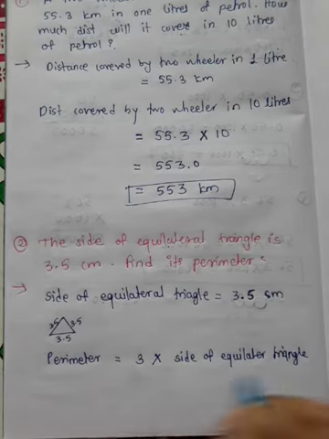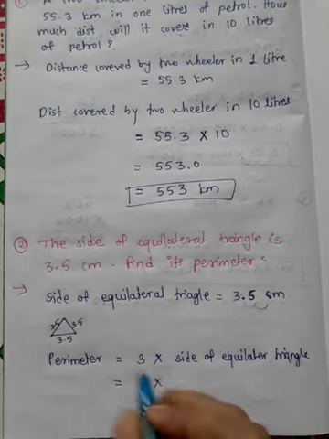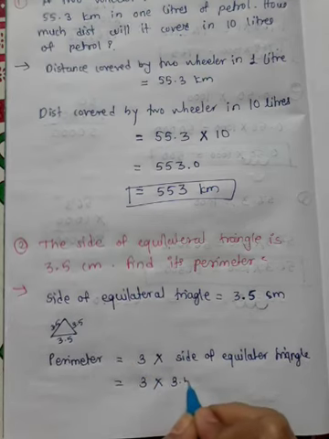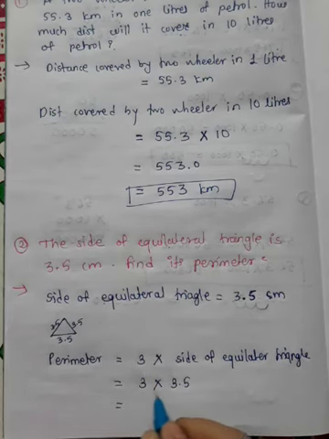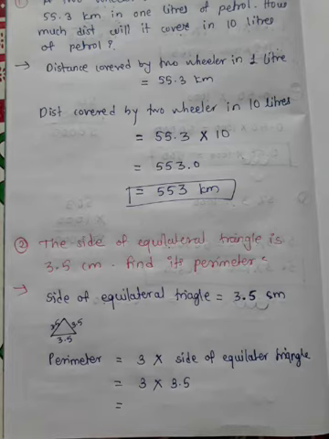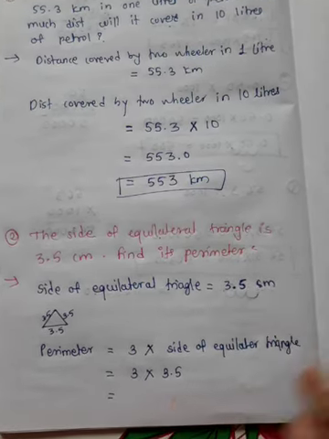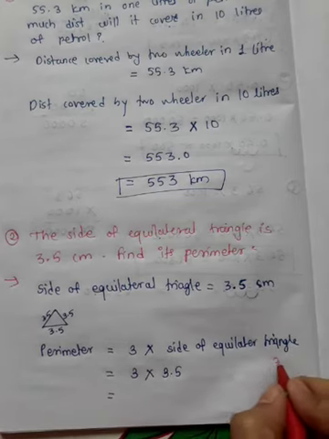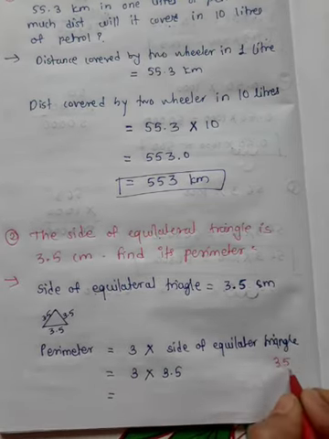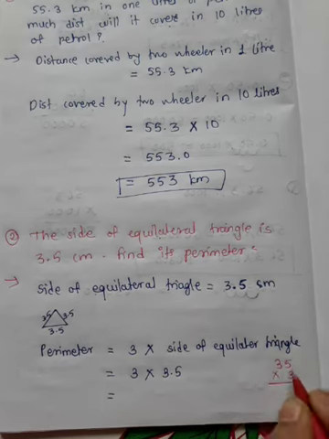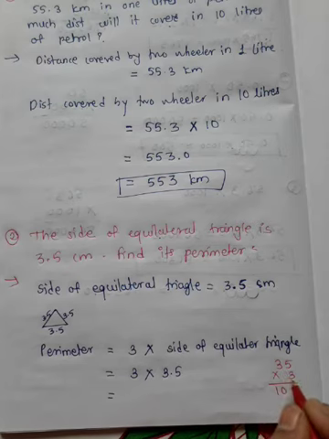So here, 3 into the side, which is 3.5. So what is 3 into 3.5? We have learned how to multiply a decimal number by a whole number. Just ignore the point, so we get 35 and multiply. 35 into 3: 5 times 3 is 15, 3 times 3 is 9, 9 plus 1 is 10. So 35 into 3 is 105.